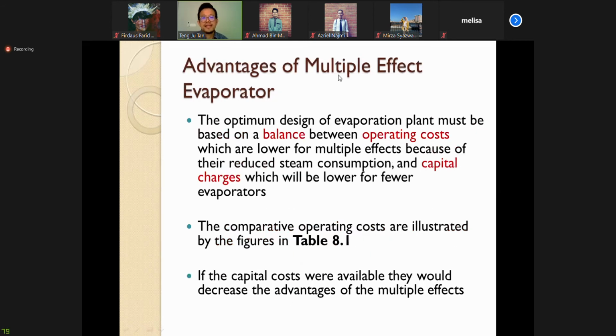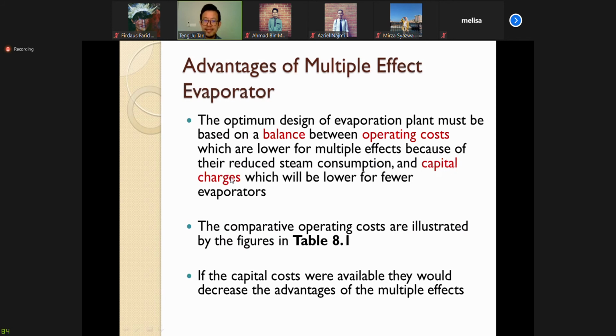So, advantages of multiple effect evaporators. The optimum design of an evaporation plant must be based on the balance between operating costs, which are lower for multiple effects because of their reduced steam consumption. You use less steam, because you recycle the vapor.